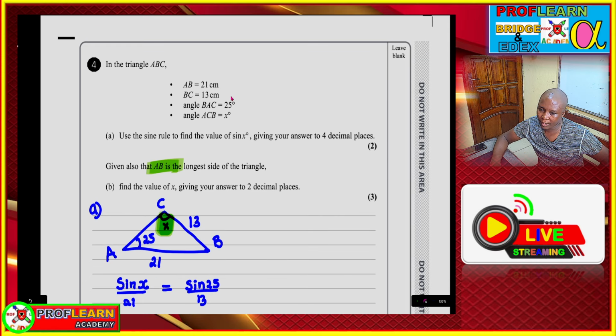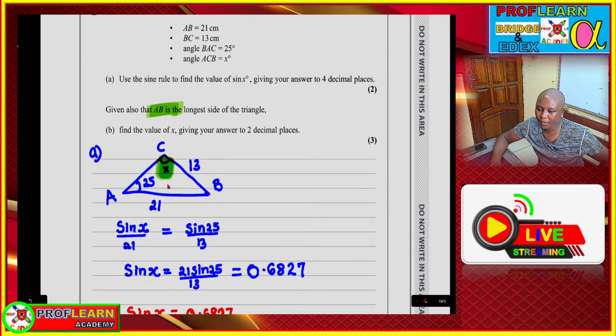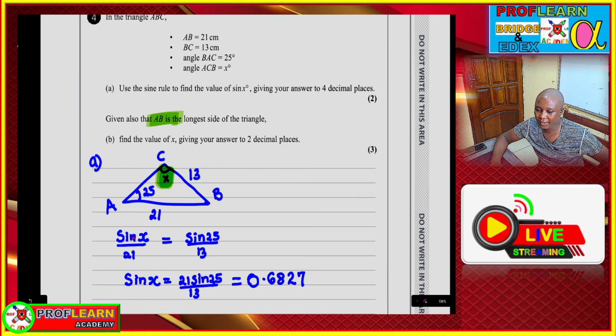Now I was given a triangle here, then I developed the diagram, and I say now sine rule: sine x over the side is equal to sine 25. You see the opposite side for x is this, and the opposite side for 25 is this.